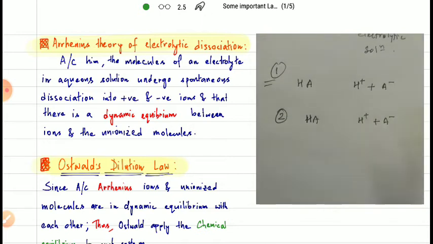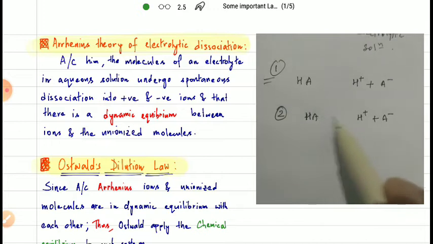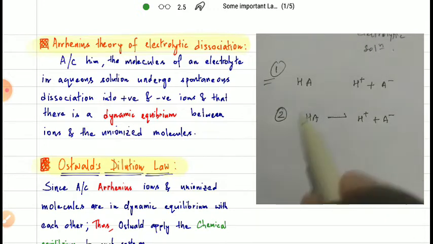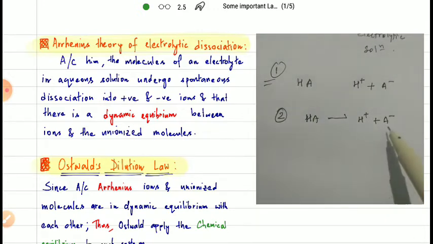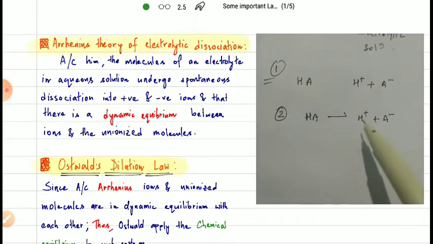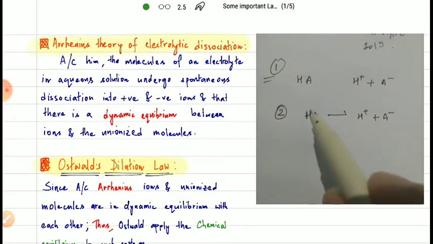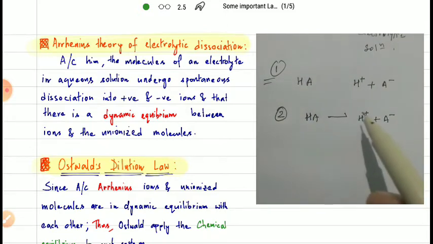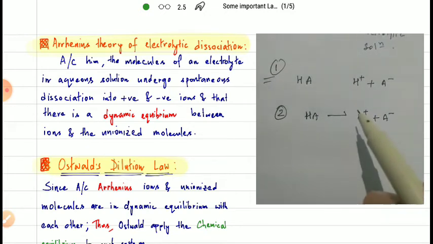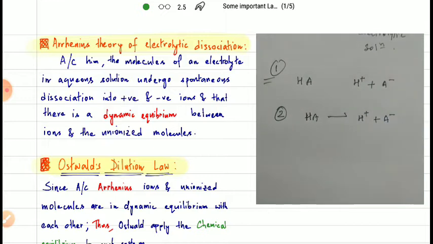First of all, they will dissociate into a positive and a negative ion. If the electrolyte is a weak electrolyte, then the rate of dissociation is slow.